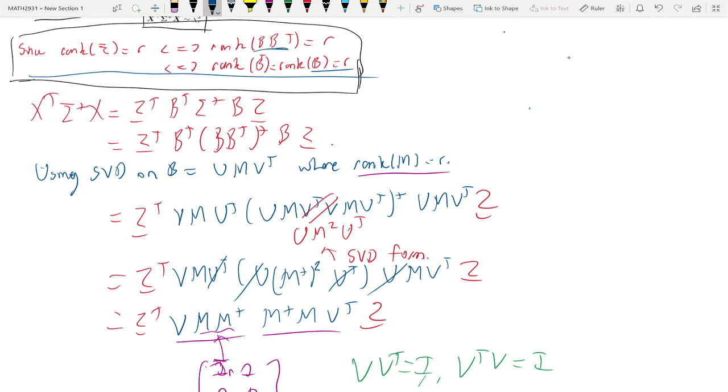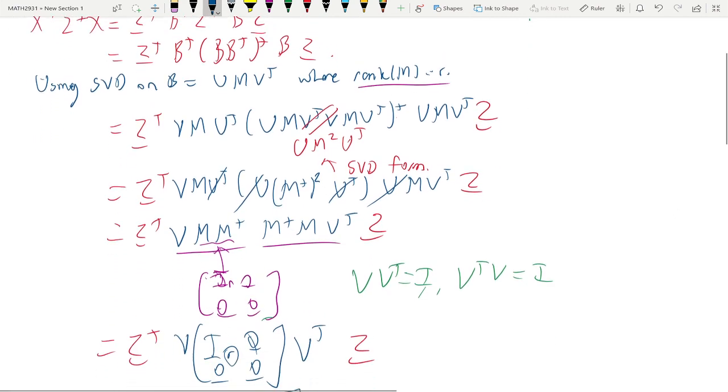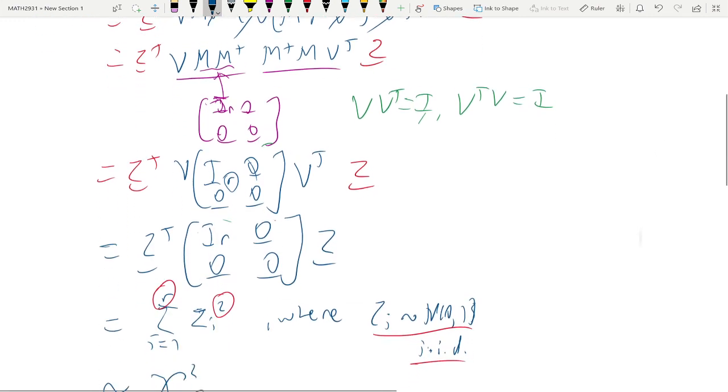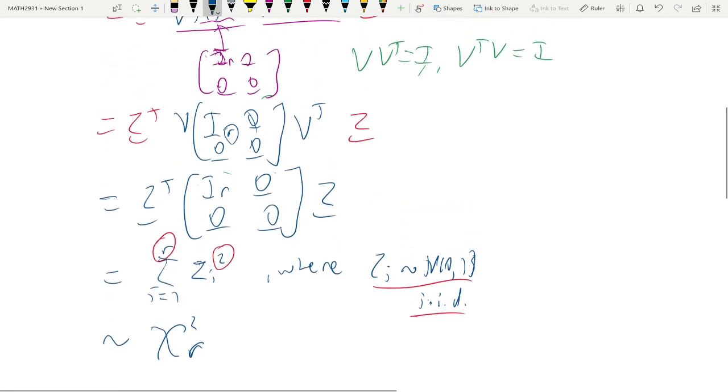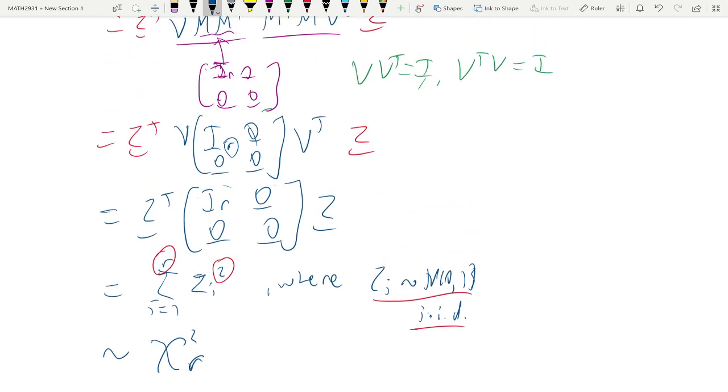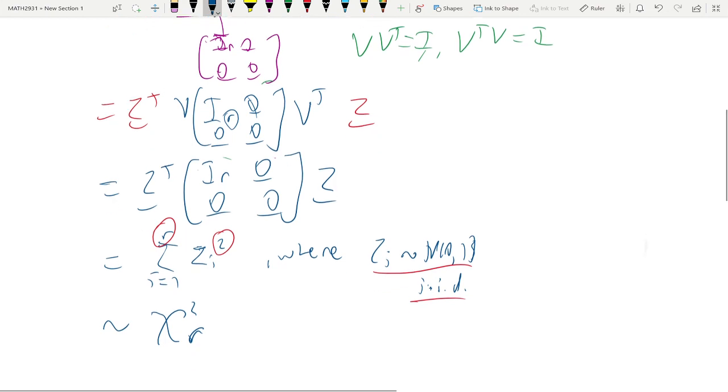That means the rank of B, one of the matrices, is also R, and that meant the SVD form had a diagonal with R leading columns. Those R leading columns eventually lead down to this matrix here, because every other column is just zeros, so there's only R terms involved.